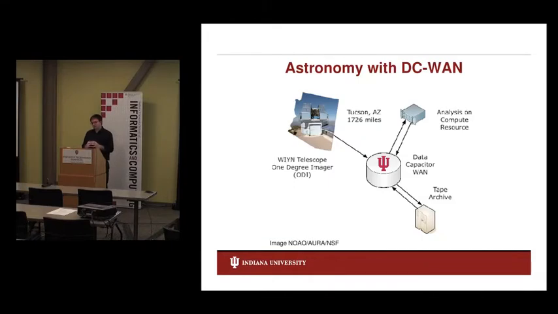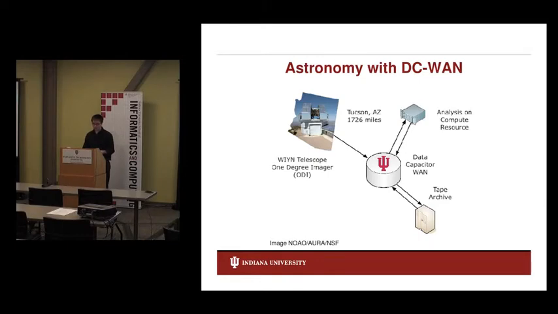The centralized file system across distance has also opened up some new possibilities for storing data at IU. This is a workflow for the WIYN telescope, which is a project or a telescope run by Wisconsin, Indiana, Yale, and NOAO.